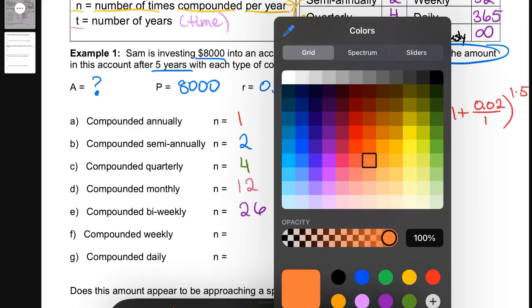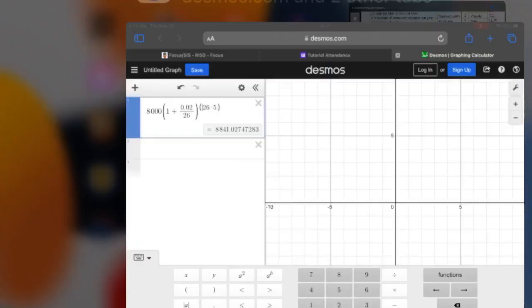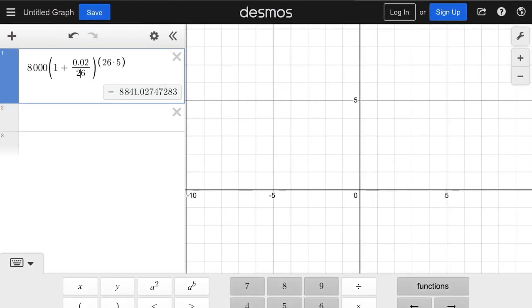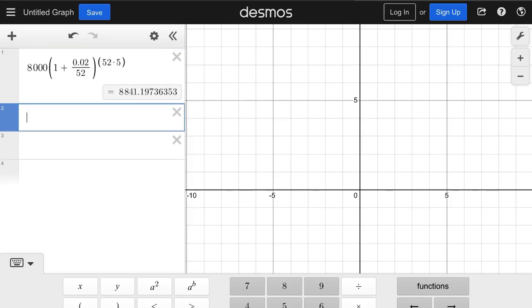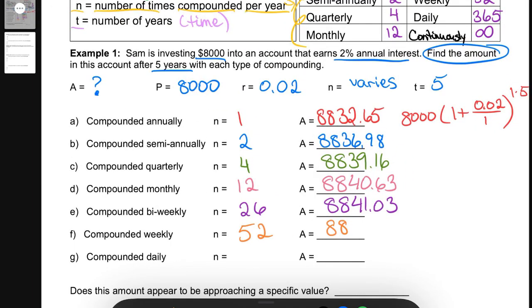If we compound weekly, so we're adding money to this account every single week, that would be 52 times a year. So I'm going to make those 26s into 52s, and we have 8841.20. We didn't gain a whole lot there, but we did gain some.